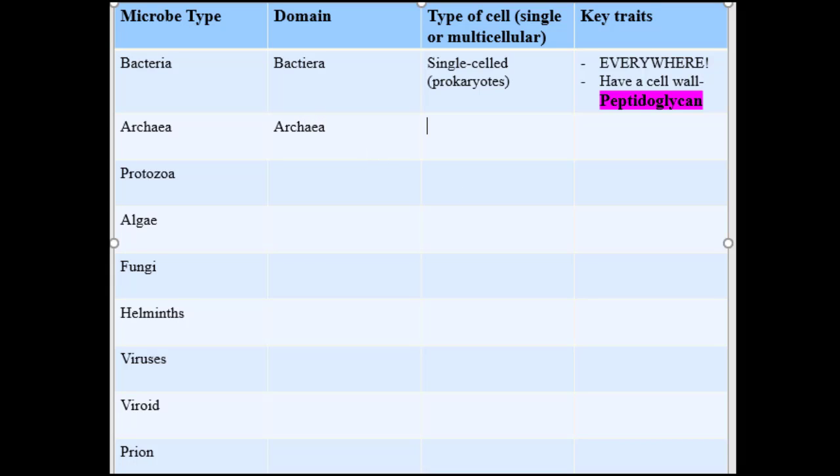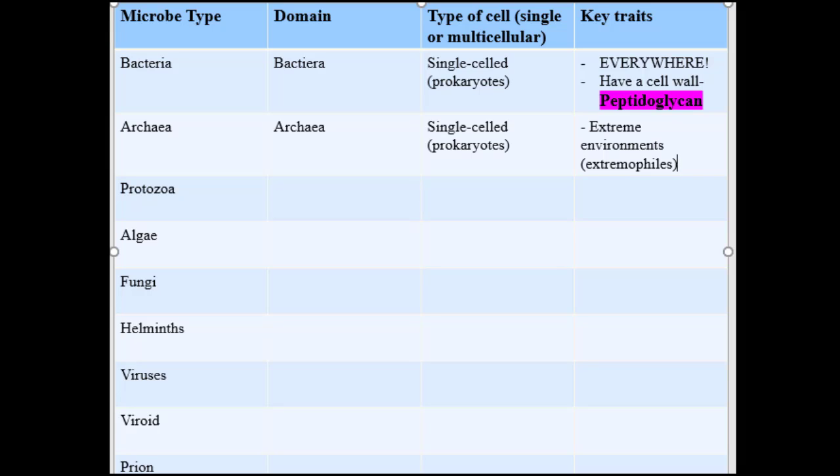So they're unique. Archaea have single cells. They are, as we said, prokaryotes. Now, key trait about archaea. Archaea are not found everywhere like bacteria are. Archaea tend to live in extreme environments. They are what we call extremophiles. Extremophiles mean they love extreme environments.